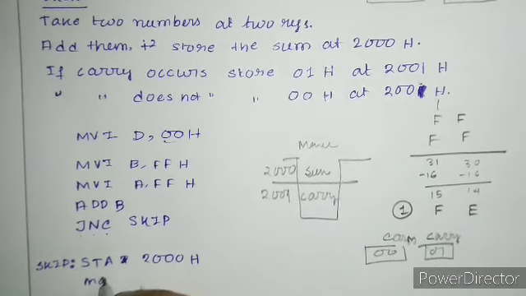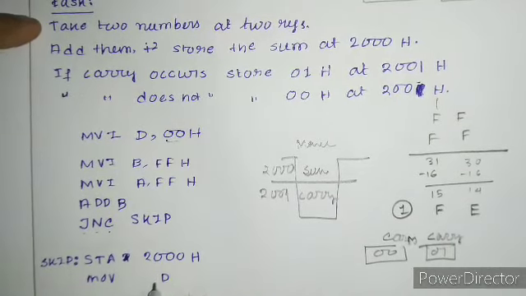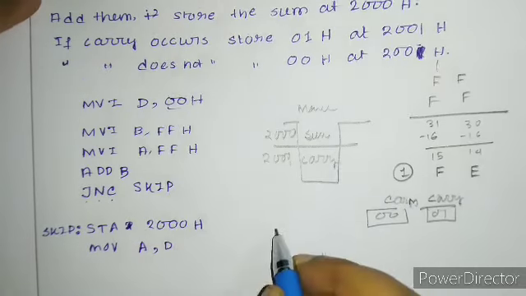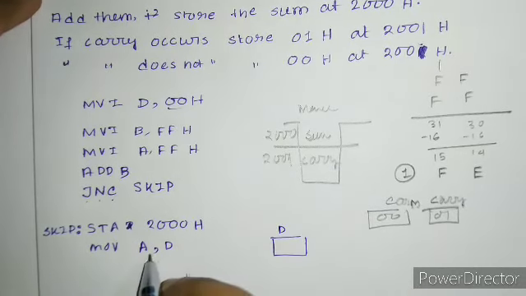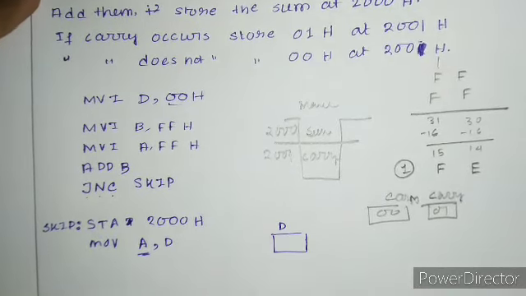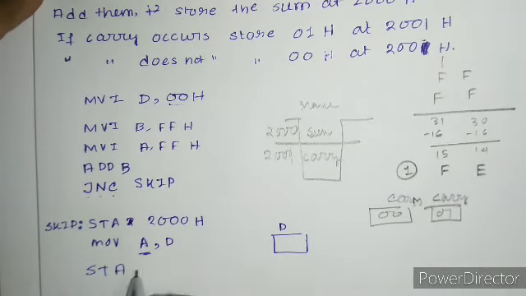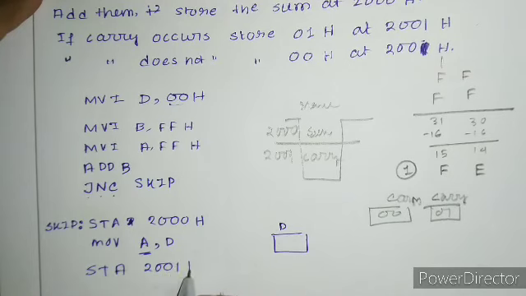Now we want to store the carry at 2001. But before that, I first have to move my value to the accumulator. So MOV A, D. What does this mean? Whatever value is in my D register will first go to the accumulator. Now STA 2001H.